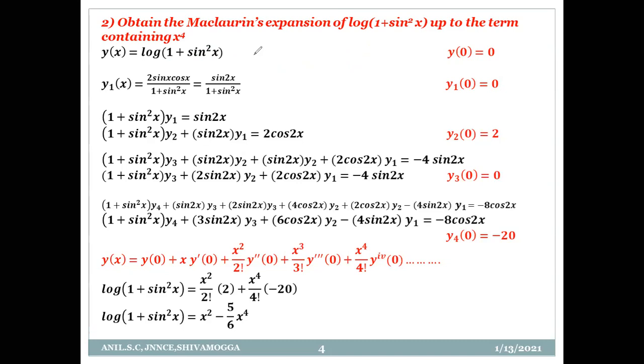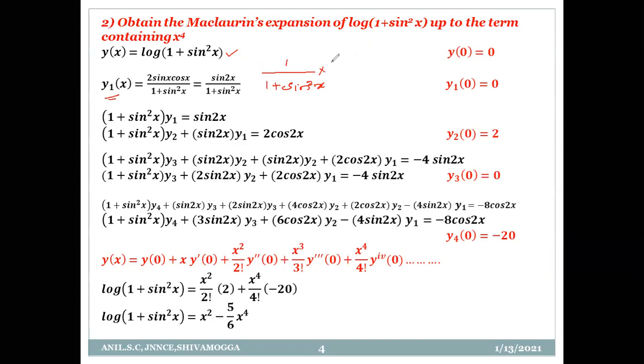Next, to find the first derivative, differentiate y of x with respect to x. The derivative of y of x is denoted by y1 of x. And the derivative of log 1 plus sin square x is 1 divided by 1 plus sin square x into the derivative of 1 plus sin square x. 1 is constant, its derivative must be 0.